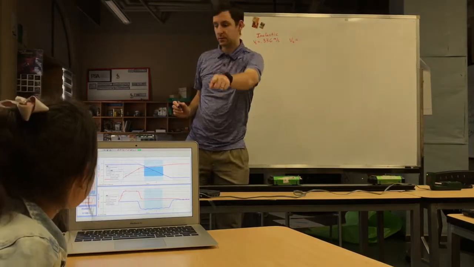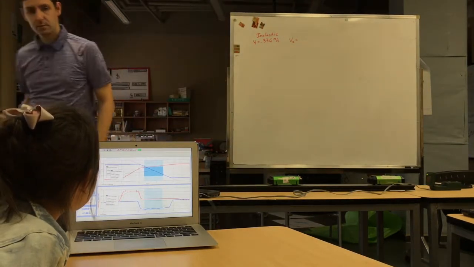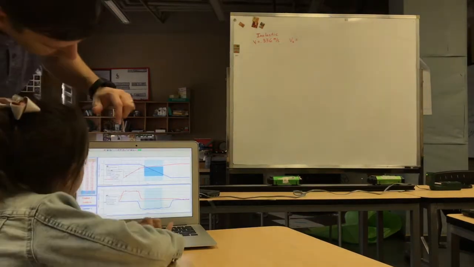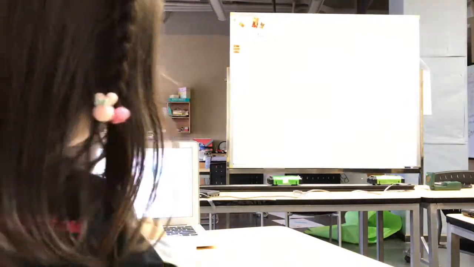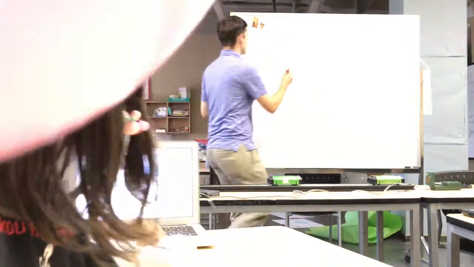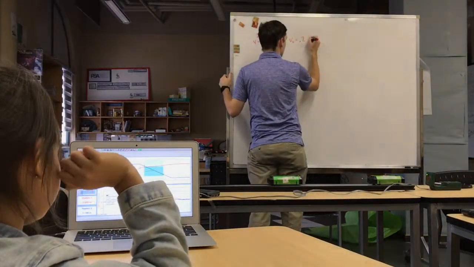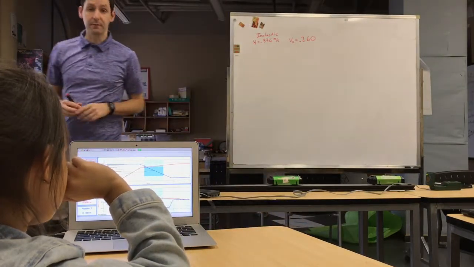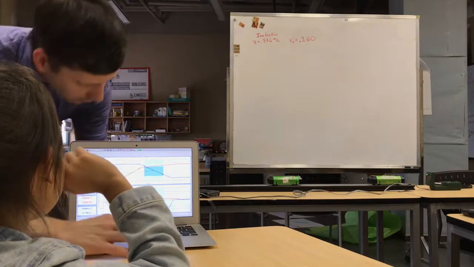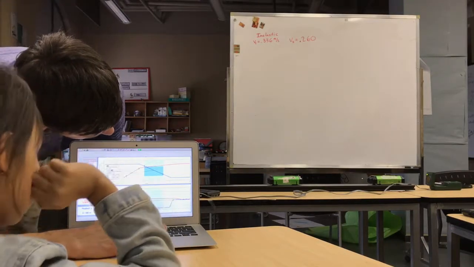The blue one? The one that says slope? 0.260.